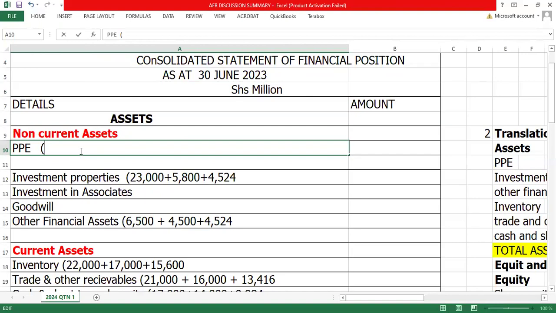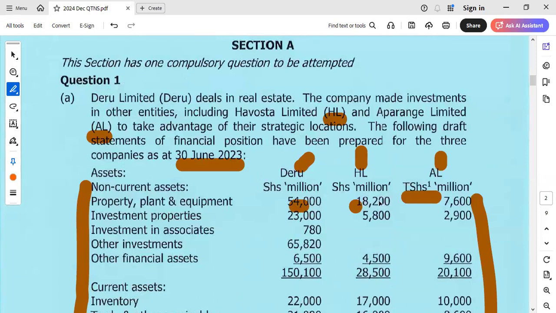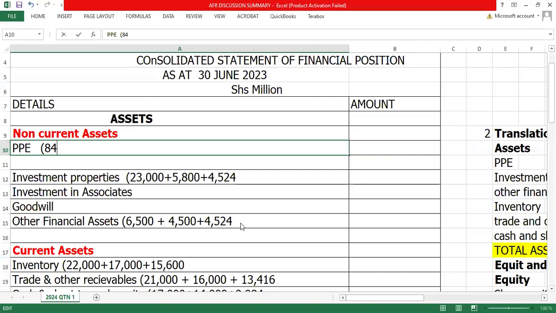Consolidating means what? Look at PPE. PPE, you add. You get this figure: 54,000 plus 18,200 plus what you have converted. What was our PPE? It is 54,000, not 84,000.